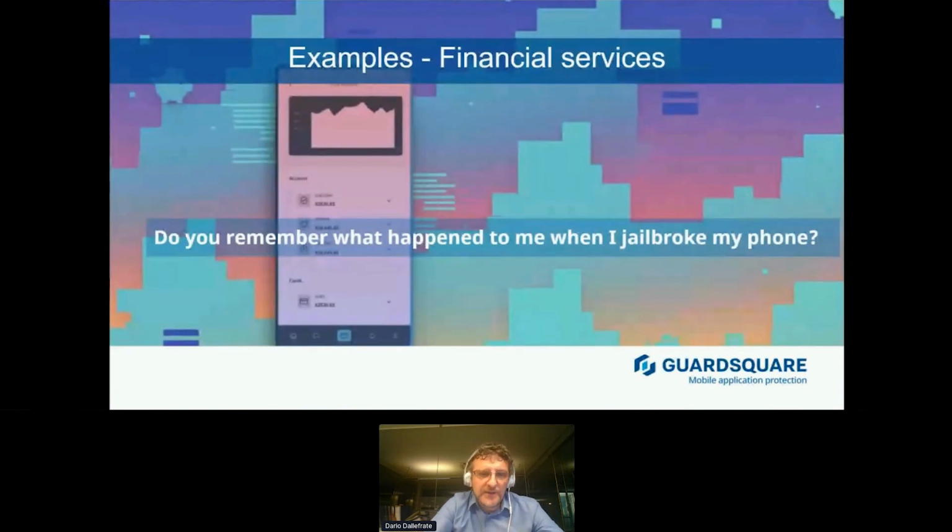It's easier to install tools to reverse engineer the app. And we have seen why bad actors are willing to do that. They want to steal money. They want to steal user credentials to do other more dangerous attacks. So I was not able to run my app due to runtime application self-protection in place.